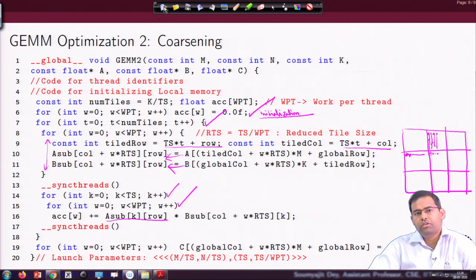So, the first good thing is you have increased the amount of activity per thread, and the increase is more for the compute part rather than the load part. If I compare it with the previous implementation, the amount of loads from shared memory to the registers for doing the fused multiply and add is drastically reduced by a factor which is the thread coarsening factor.